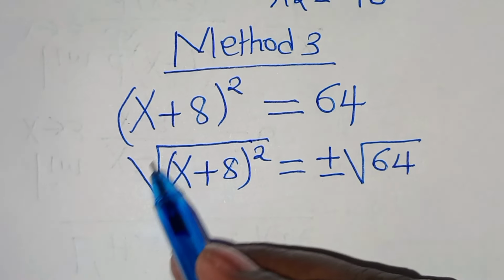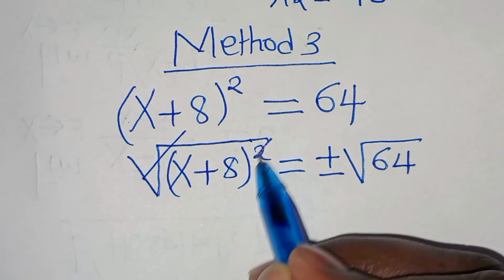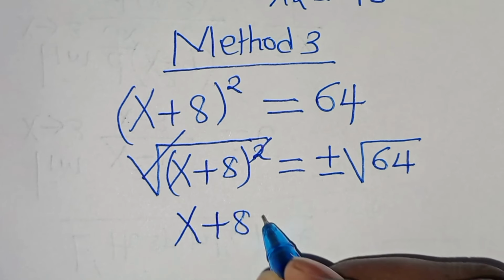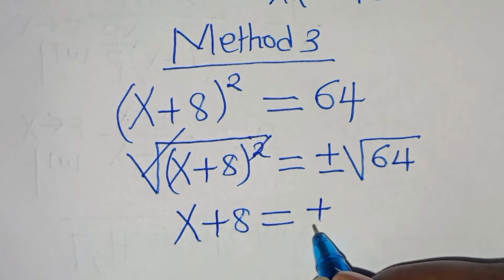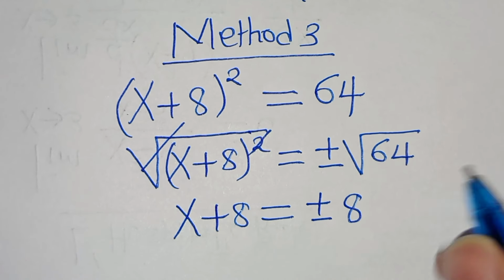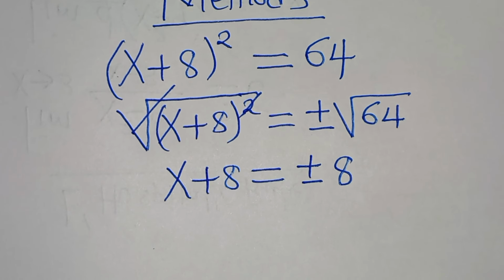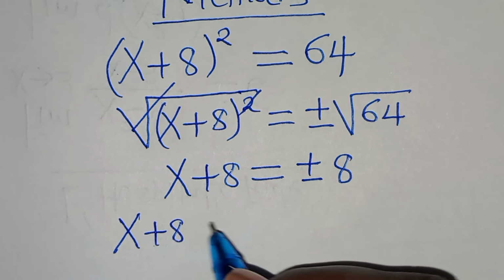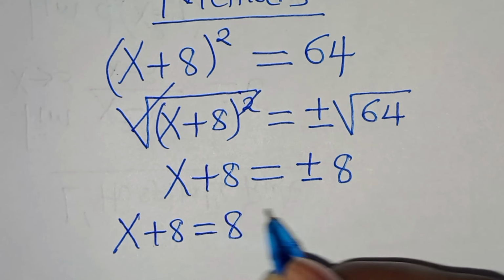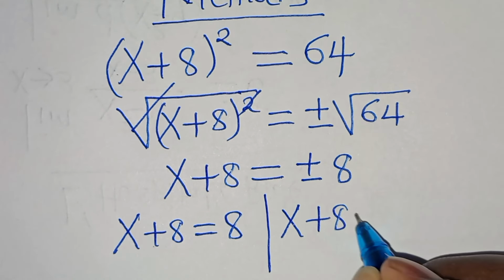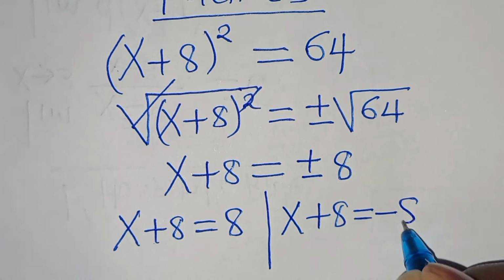Now, we can eliminate the square root sign here, and we have x + 8 equal to plus or minus the square root of 64, which is 8. Now, we have x + 8 equal to 8, or x + 8 equal to minus 8.